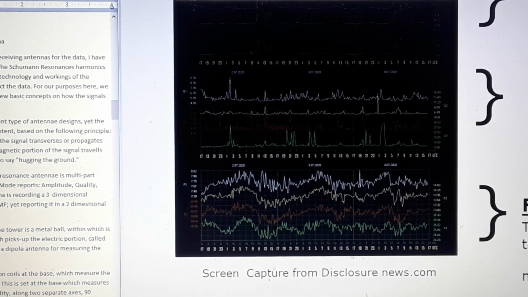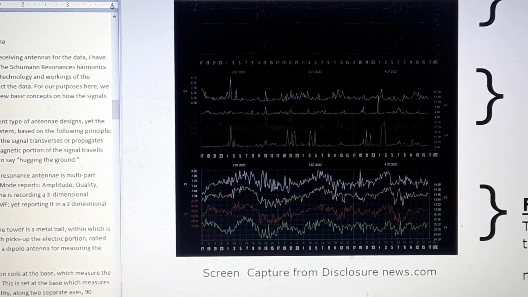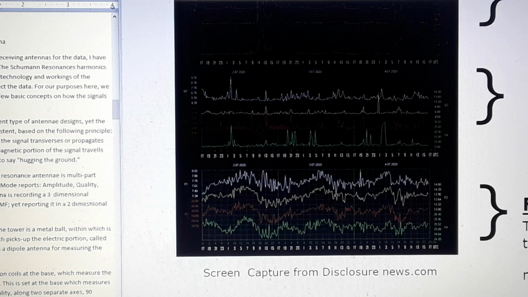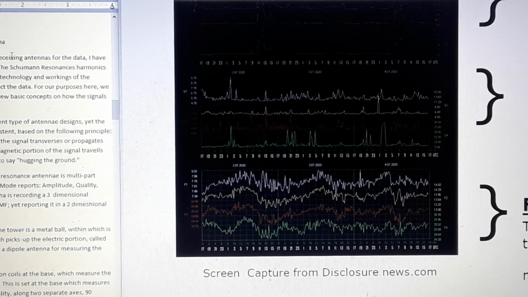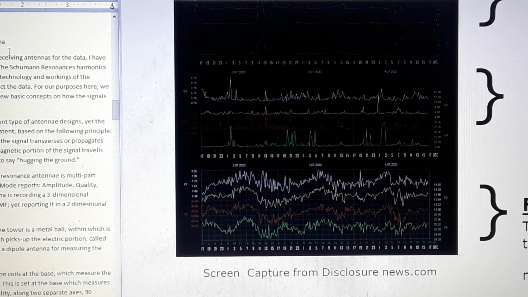Introducing the antenna. On the subject of the receiving antennas for the data, I have posted many times in the Schumann Resonance Harmonics group on Facebook, highlighting the technology and the workings of the antenna used to collect the data. For our purposes here, we need to understand a few basic concepts on how the signals are measured. Okay.